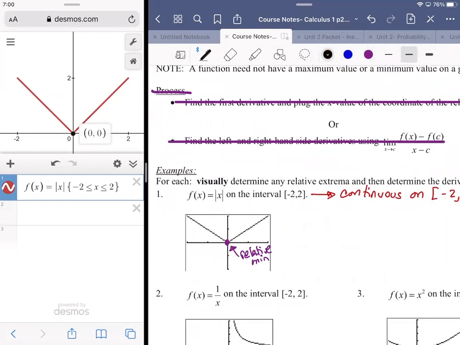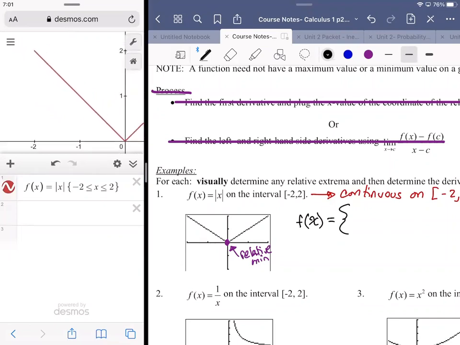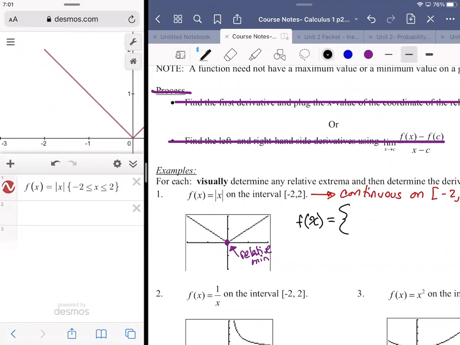So f of x needs to be modified so that it's no longer an absolute value function. We have to write it as a piecewise function in order to differentiate. All right. So first thing I would look at is the slope. Change in y over change in x, pretty easy. Count boxes. On this end, we're going down to the right to get from the endpoint to the origin.